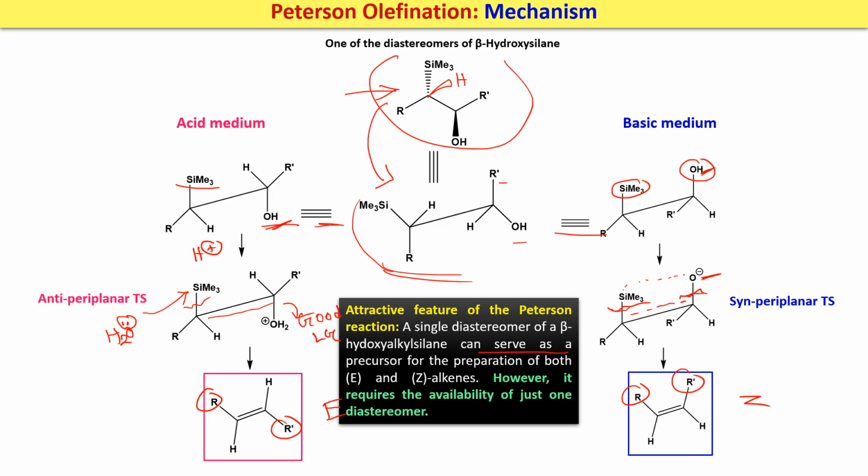So you have to have the pure diastereomer, only one diastereomer in pure form. If you have a mixture, you first have to separate it and only then can you proceed to the elimination step. That is the reason availability is very important.